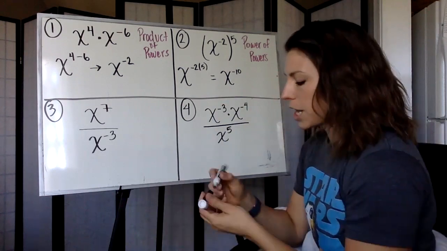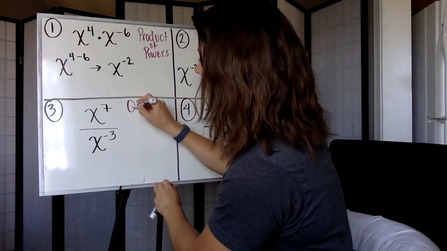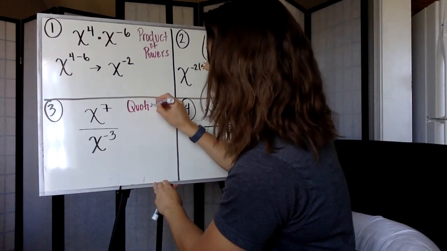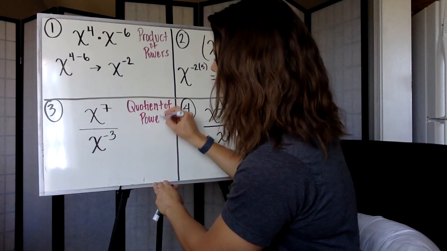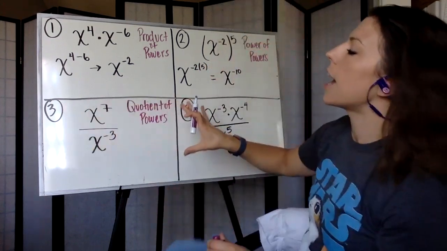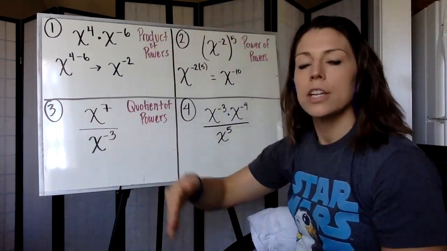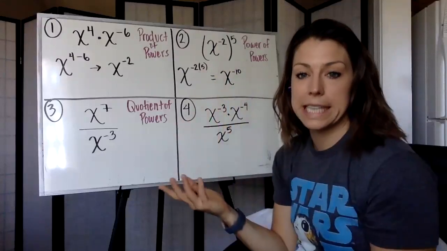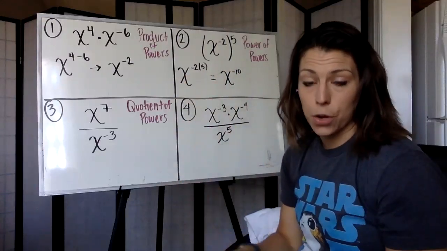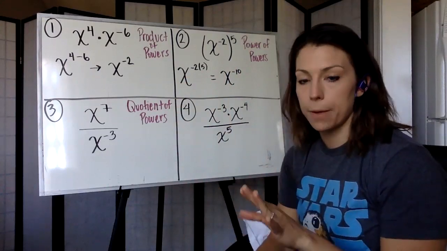Now, if you remember from the last video, in a quotient of powers, after you expand each power, you end up creating these big ones. So the property states you subtract in a quotient of powers. Now, here's where it's a little bit different than what you might have been taught before.